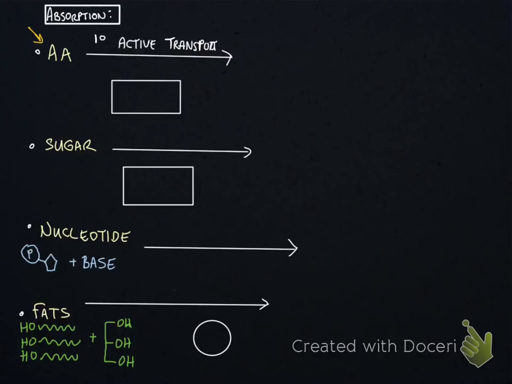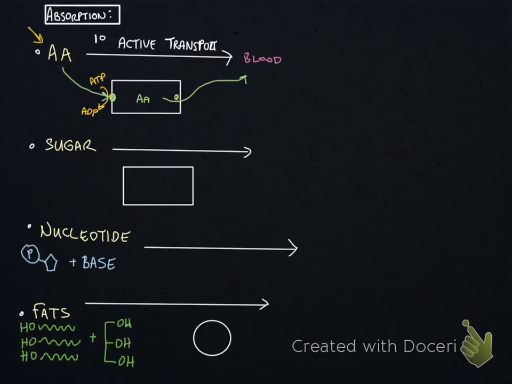Okay, so these amino acids will utilize certain transporters that need ATP because it's an active transport, and make their way into the blood.